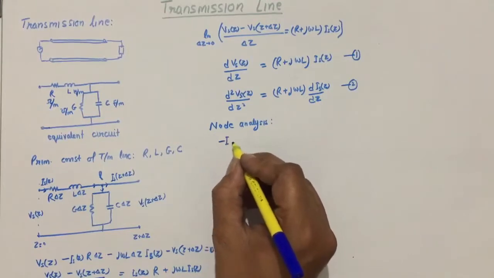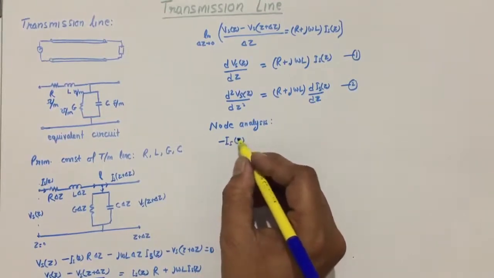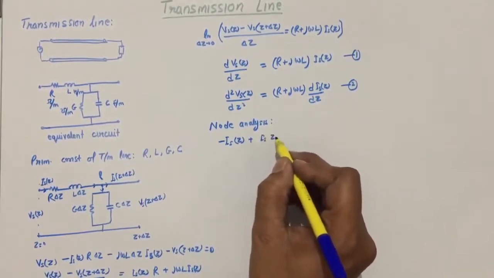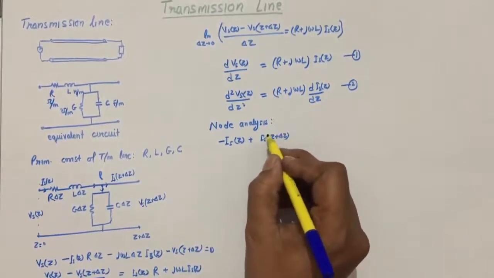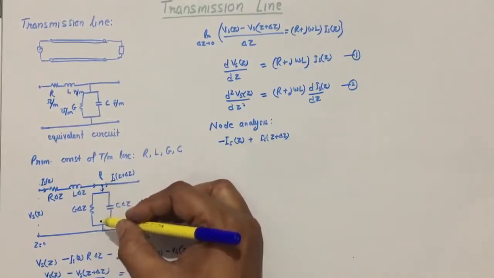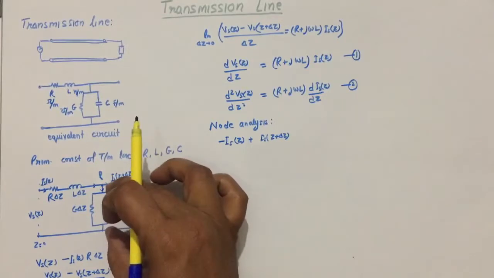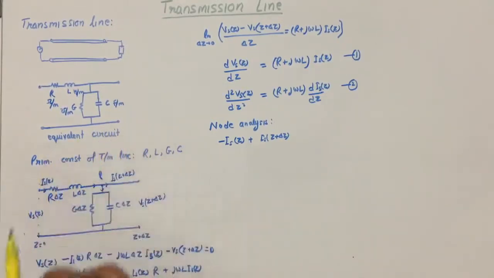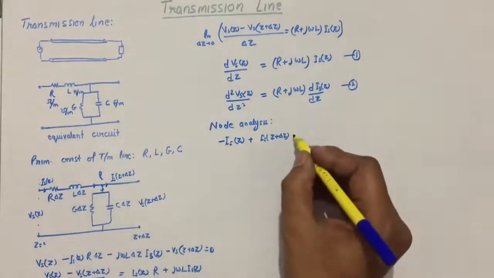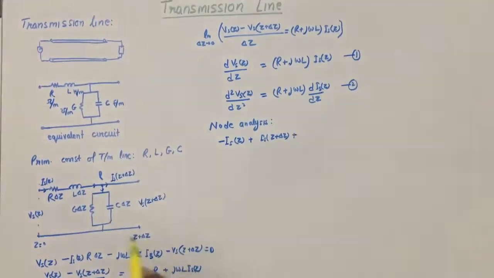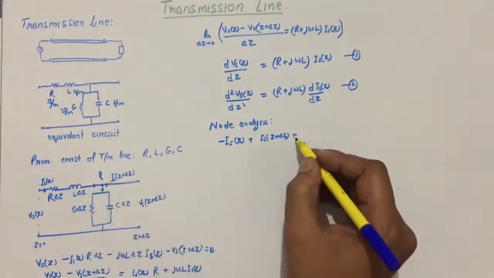So from there we can write I_s(z) with a minus sign, and the leaving current is I_s(z + Δz). And for the current flowing here, we consider the voltage across this multiplied with this conductance. The current is again leaving, so it will be positive here.